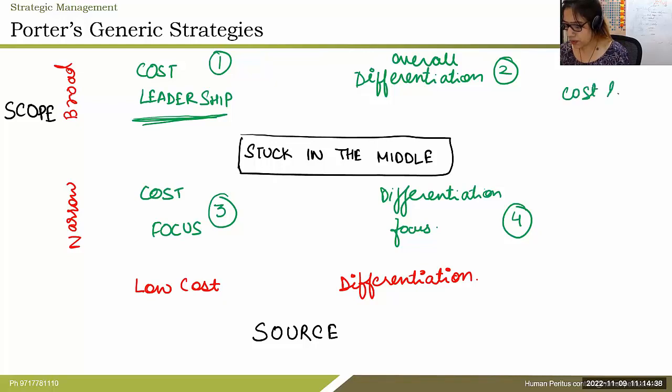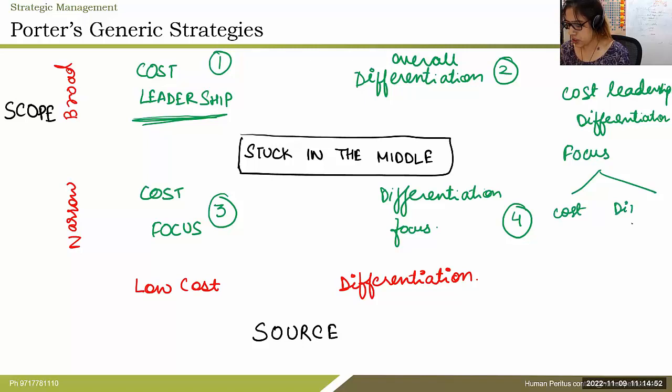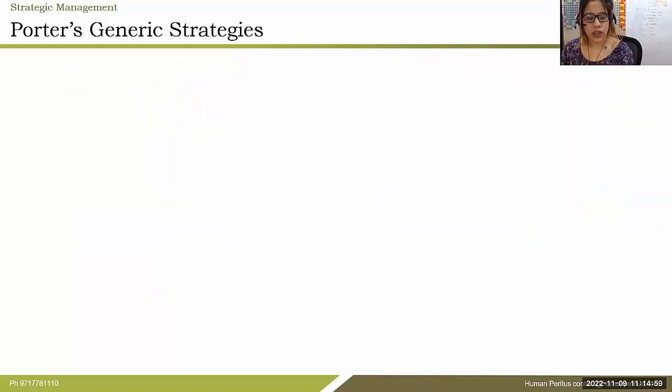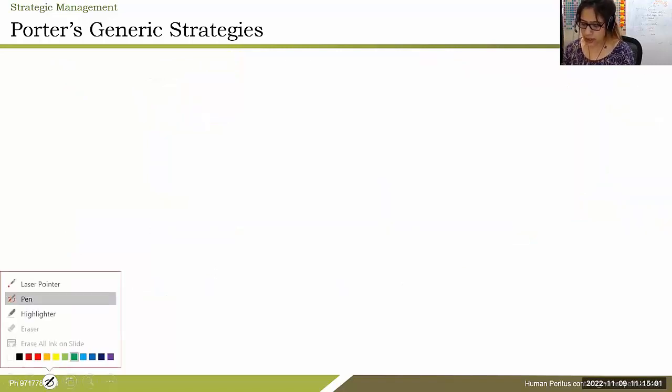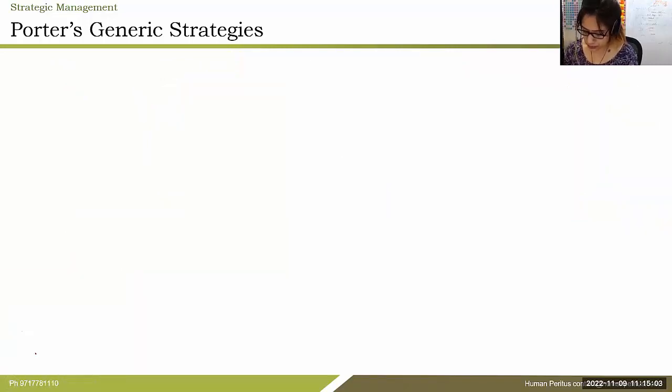Cost leadership, differentiation, and focus. The focus is then divided into cost focus and differentiation focus. All right. So let's start with cost leadership.